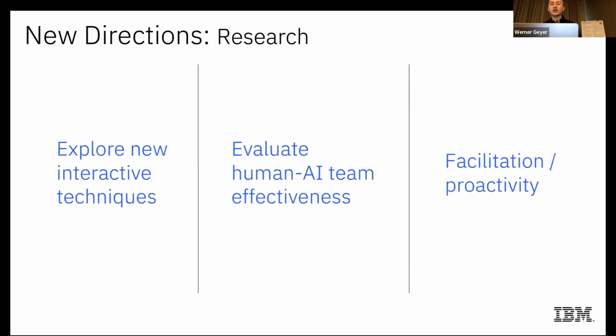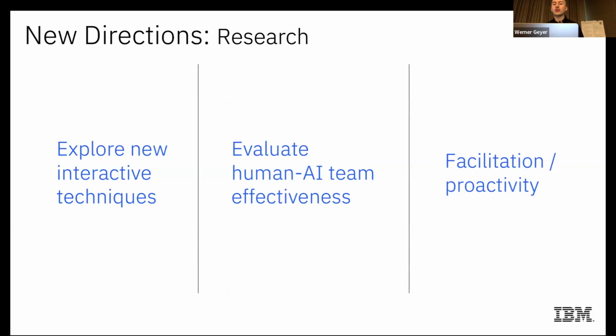About the new research directions, as I said, we have two alternatives in the canvas to generate the sticky notes, but new interactive techniques could be explored. For example, generating a blending of two ideas by dropping one sticky note on top of another.